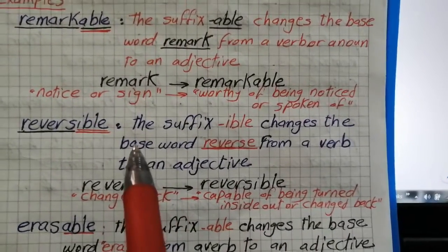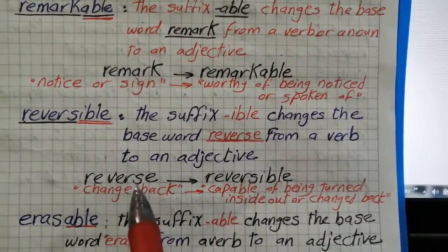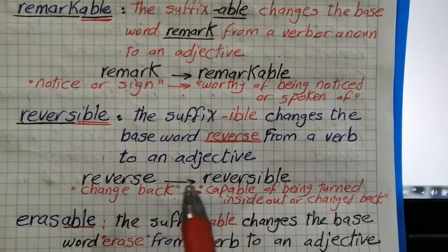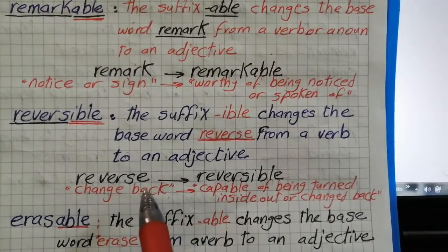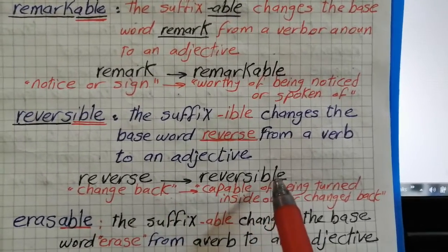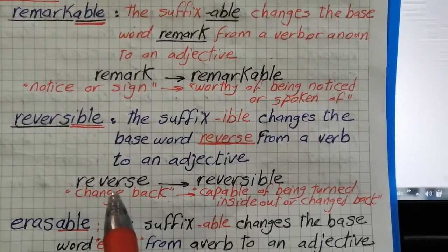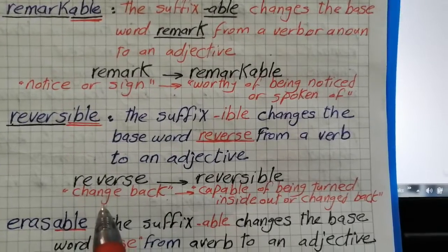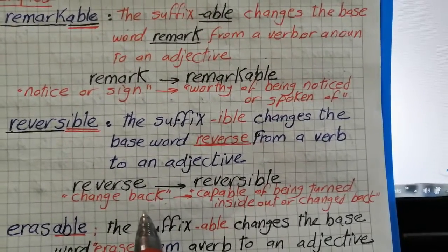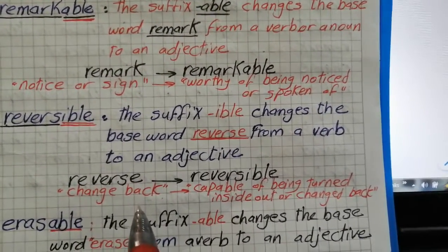Number three, we have a spelling change. Here reverse ends with E, and when adding the suffix IBLE, I drop the E, then add IBLE. This is the spelling change. So reverse as a verb means to change back or to turn inside out.